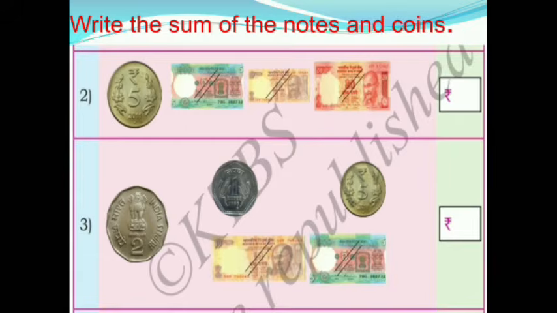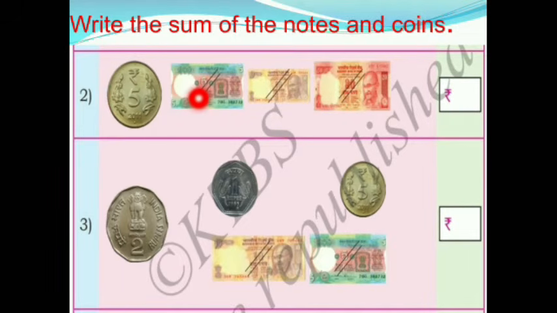Children, now we will find the total cost of the notes and coins. First we have one 5 rupee coin and one 5 rupee note. Then we have one 10 rupee note and one 20 rupee note. Now we should add all these. First we have which coin? Yes, 5 rupee coin.